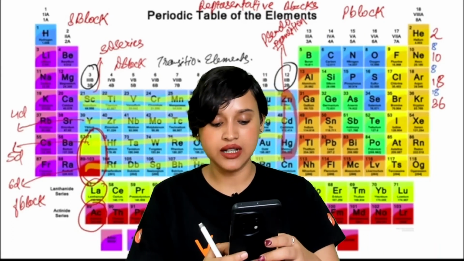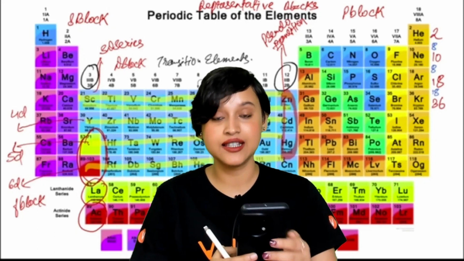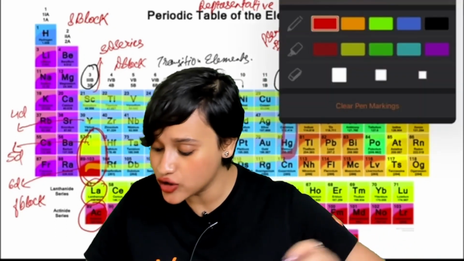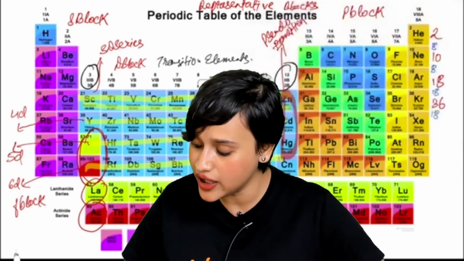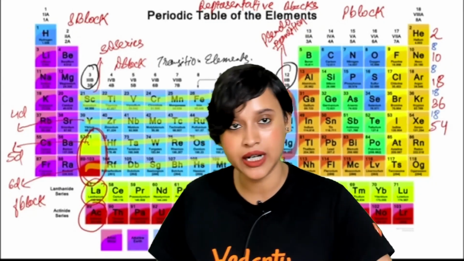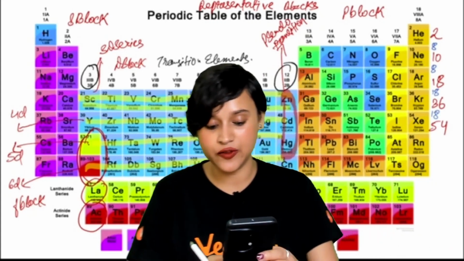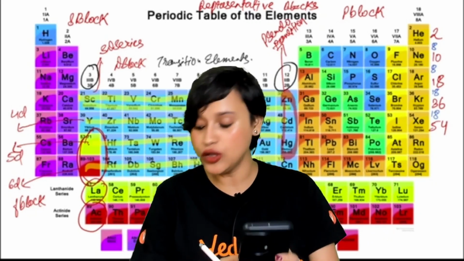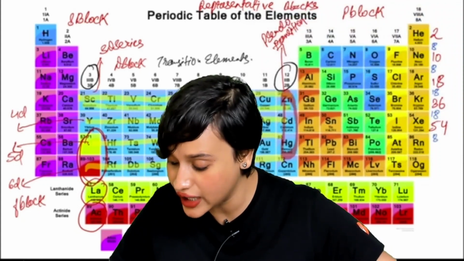You are going to get 54. And now 54 plus how much will you have to add? 54 plus 32, we will get 86, which is the atomic number of radon, everybody.